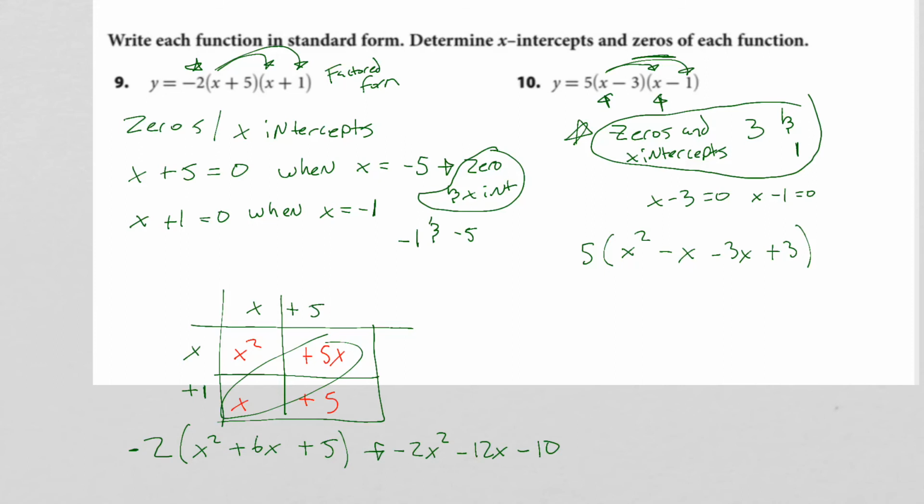And then the last step, I have to multiply everything by 5. 5x squared minus x, and minus 3 is a minus 4, and 5 times minus 4 is minus 20x, and then 5 times 3. This is grade school math, this part, and hopefully this is all starting to make sense.